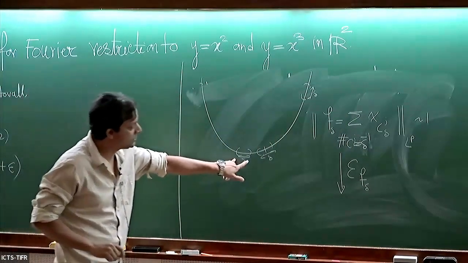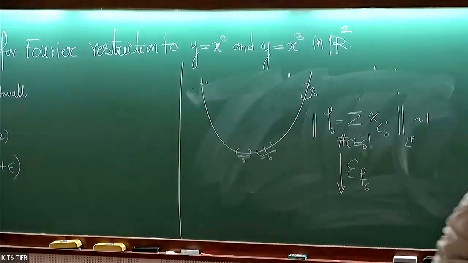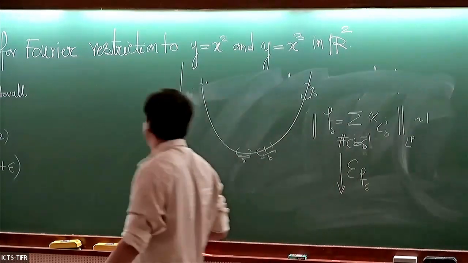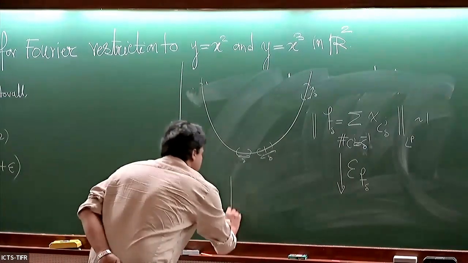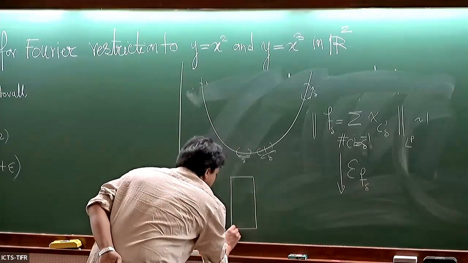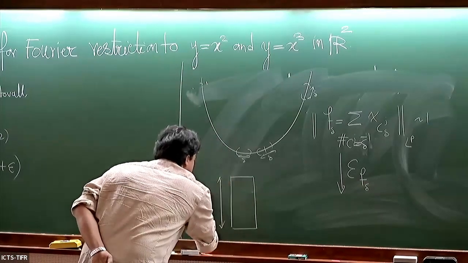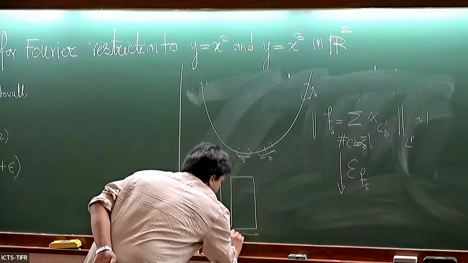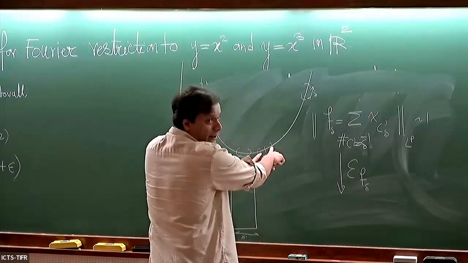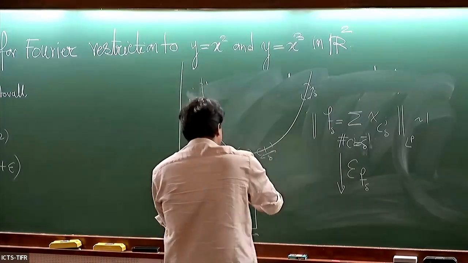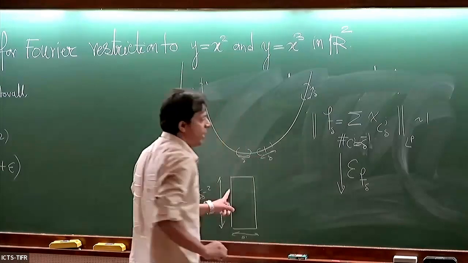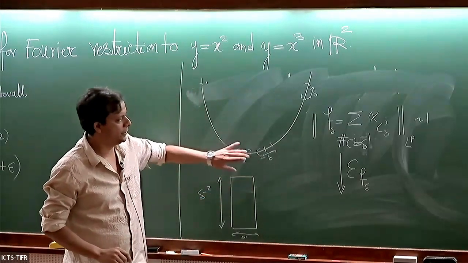We know that each of these pieces looks like a rectangle, with base delta inverse and height delta power minus 2. So this looks something like this, delta power minus 2 and delta inverse. We have another one, so this will look something like this.